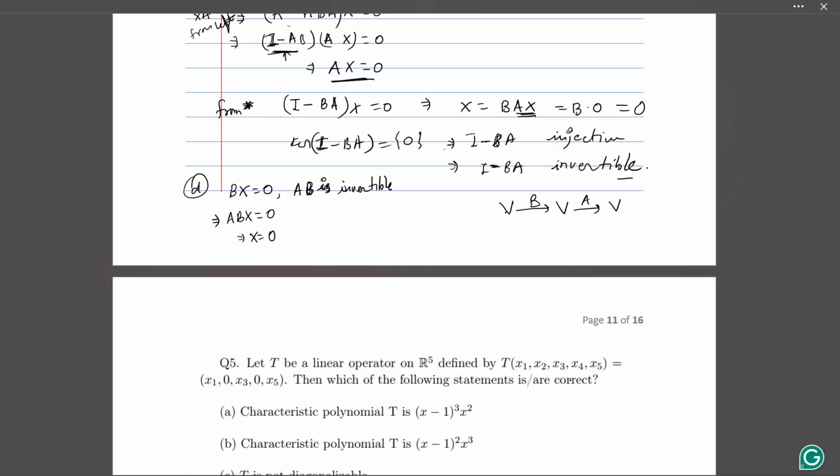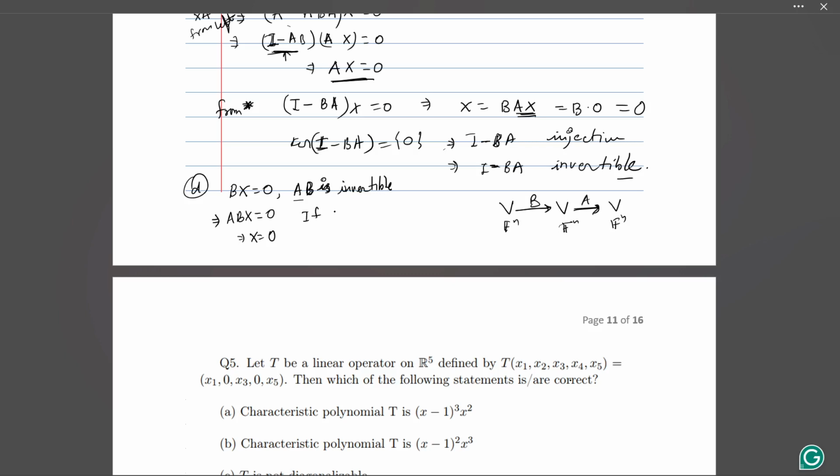This composition is one-one and onto. Because this is Fn, this is Fn, this is Fn, this map is anyway one-one and onto. B is also one-one and onto, A is also one-one and onto. So columns of A are non-zero.